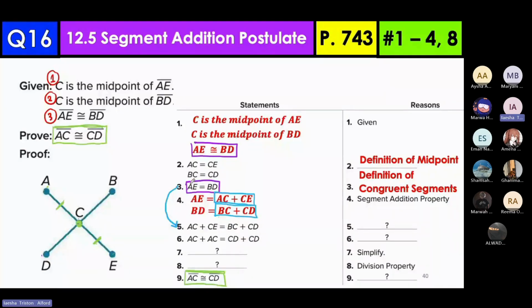So what did we do with the AE to make line number 5? Substitute, I think. What is the meaning of substitution? Replace a value. So we can delete AE and put this one in its place. You can delete BD and put this one in its place. It's called substitution.